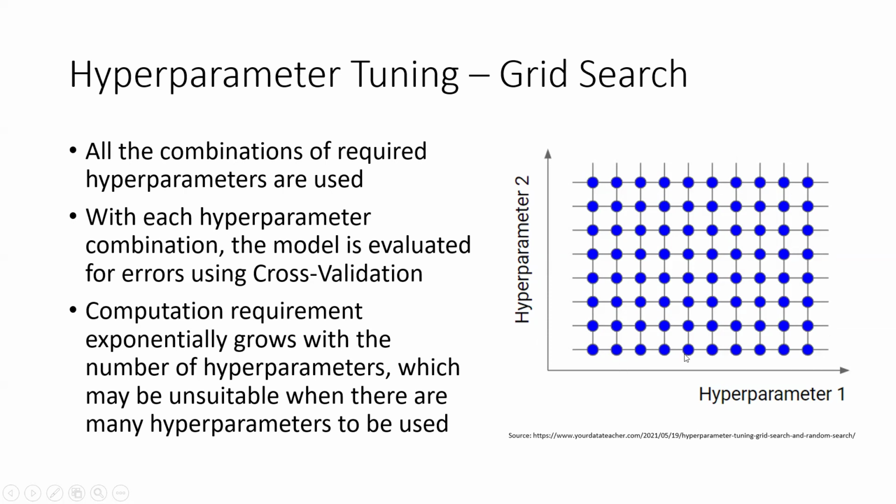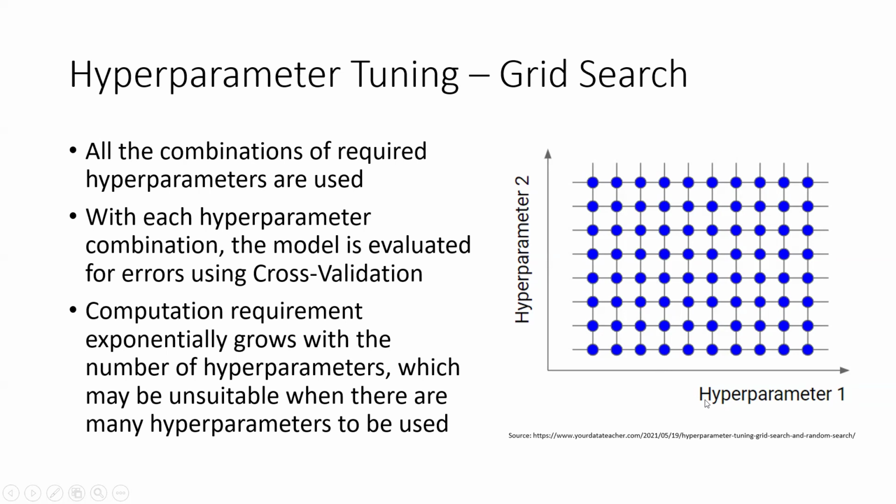We can have several grid points in the hyperparameter space so that you can train models for each of these hyperparameter points, and you can find which hyperparameter combination would be the best one, right?